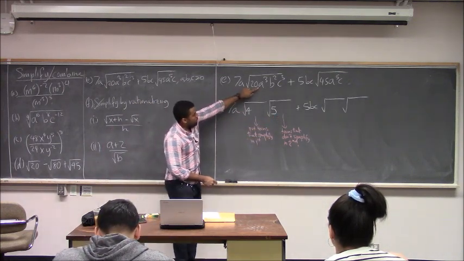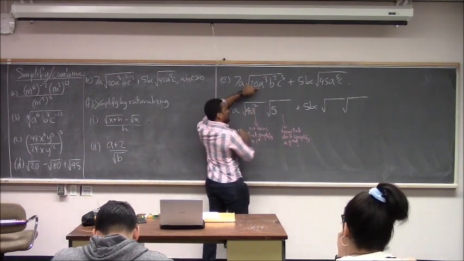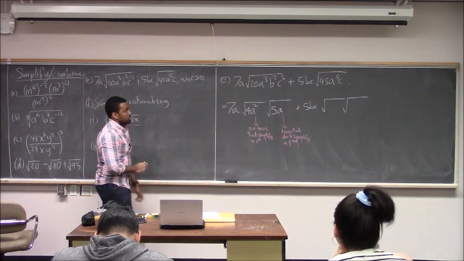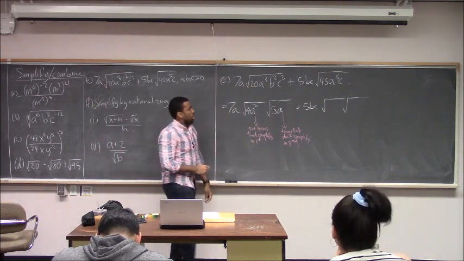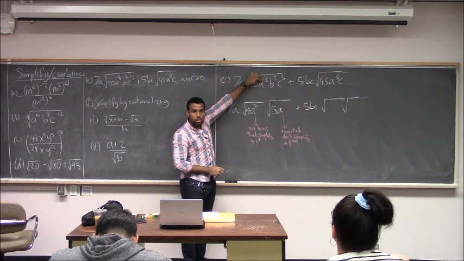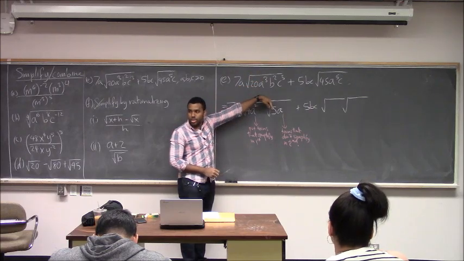Now what about a cubed? How would you split up a cubed? You can have a squared here and one factor of a, right? What if this was a to the 9th? How would you split that up? Just a to the 8 and a to the 1, right?